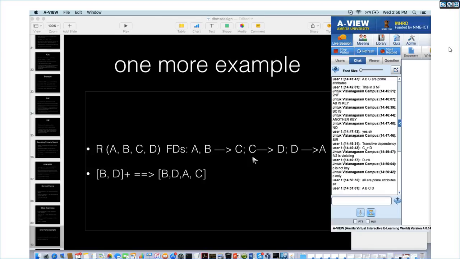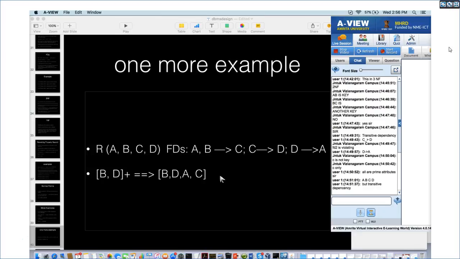Why is it not in 3NF? It is not in 3NF because this FD C to D, C is now yes. See, user 1, what I am seeing is you are talking about transitive dependency.